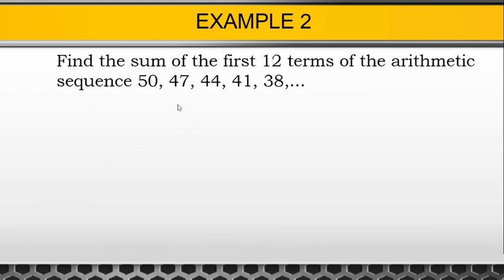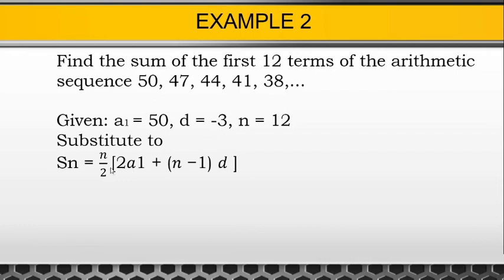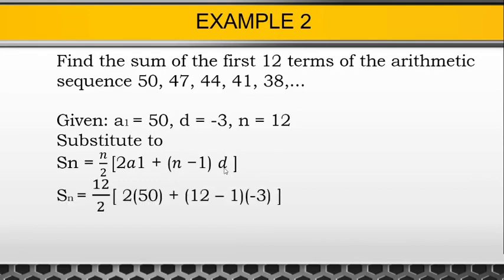Example number 2. Find the sum of the first 12 terms of the arithmetic sequence 50, 47, 44, 41, and 38. So given a1 is equal to 50, d is equal to negative 3, and n is equal to 12. d is negative 3 because 47 minus 50 is negative 3. 44 minus 47 is negative 3. So we will use equation number 2. Substitute to Sn is equal to n over 2 times 2a1 plus n minus 1 times d.